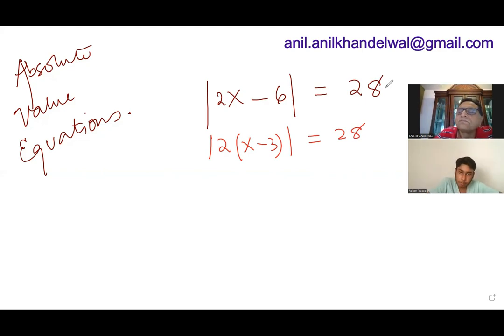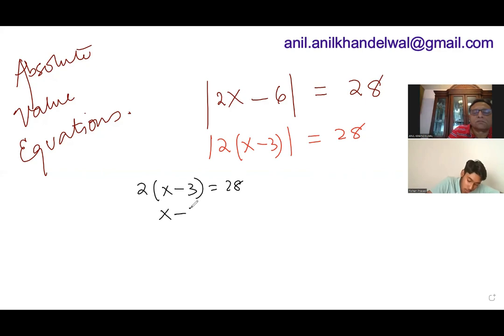We can divide by 2, so x minus 3 is equal to 14, because 14 times 2 is 28. Then we add 3, so x would be 17.